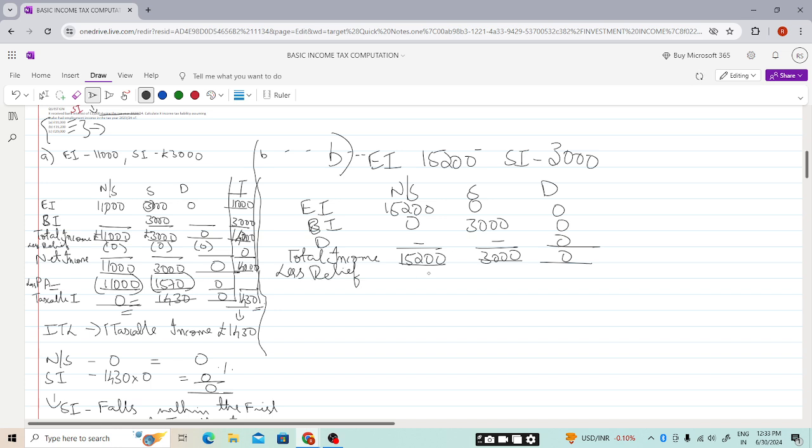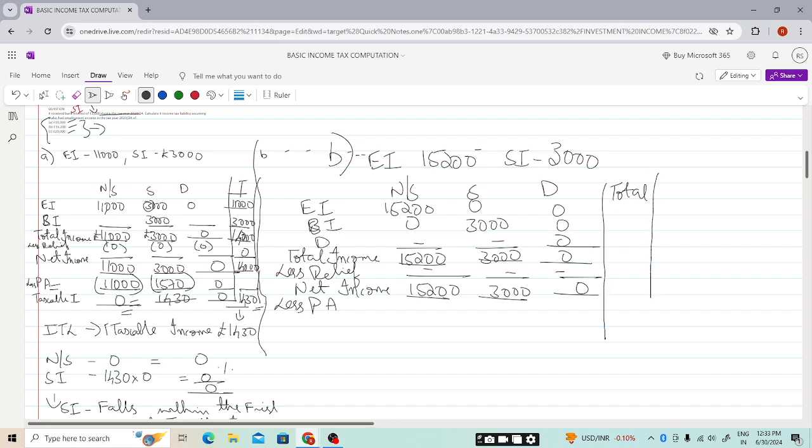From total income, we'll be reducing our relief. Any relief given? No, nothing is mentioned. So we'll be getting our net income: 15,200, 3,000, and for dividend it will be 0. From the net income, we will be reducing our personal allowance. Let's calculate the total. This format is very needed, and you need to do this in the same format only.